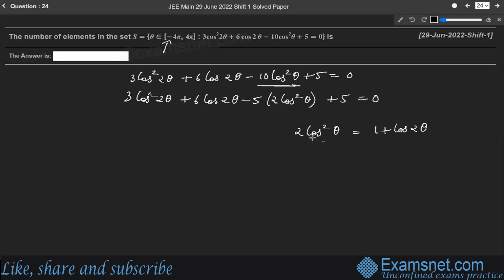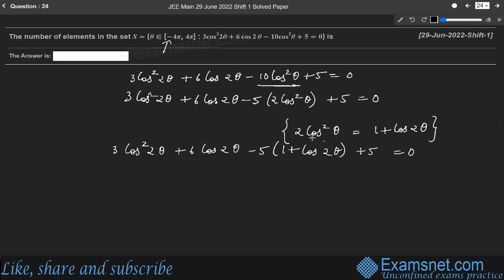So it will be 3 cos square 2 theta plus 6 cos 2 theta minus 5 into 1 plus cos 2 theta plus 5. Okay, this is the value for 2 cos square theta. You have to remember this basic formula. You can see that the whole expression is in the form of cos 2 theta.